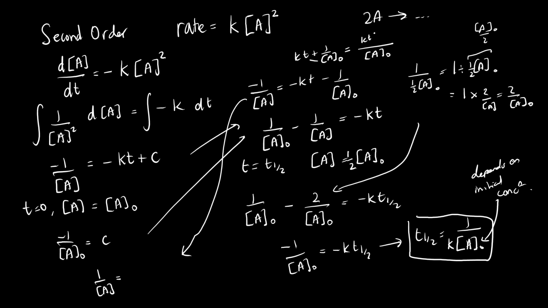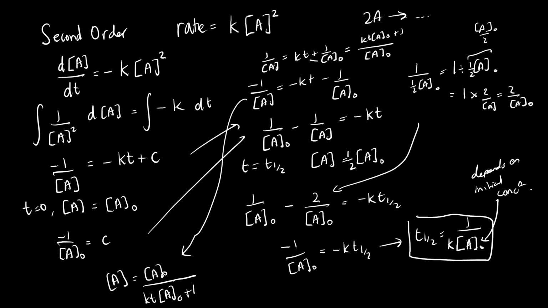So I'd have k t A0 plus 1 over A0, which would be equal to 1 over A. So if I wanted what A would be, I just need to flip it. So A would equal A0 over k t A0 plus 1. That would be the second order rate equation for the actual concentration. So it would be a concentration equation, I guess.